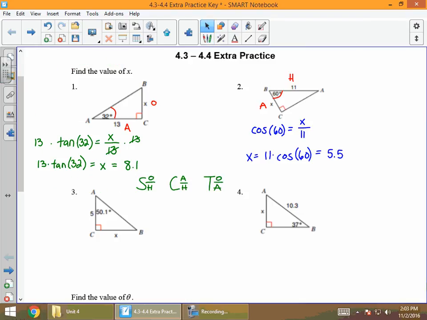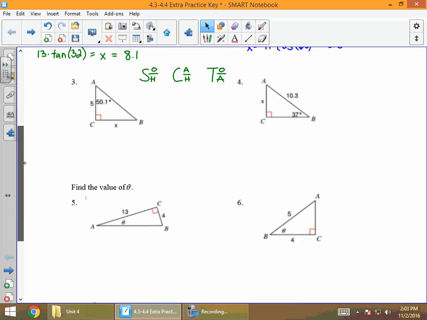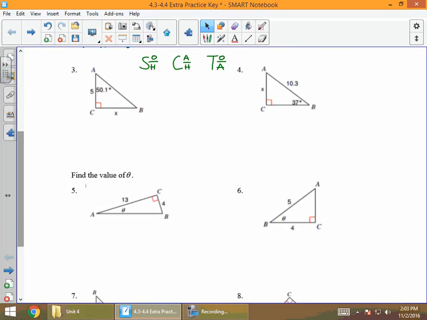Okay, let me pull down the SOHCAHTOA thing. Number 3, here's my angle. So this is opposite, hypotenuse, adjacent. So which one am I not using? I'm not using the hypotenuse. So I have opposite and adjacent. O and A is tangent.